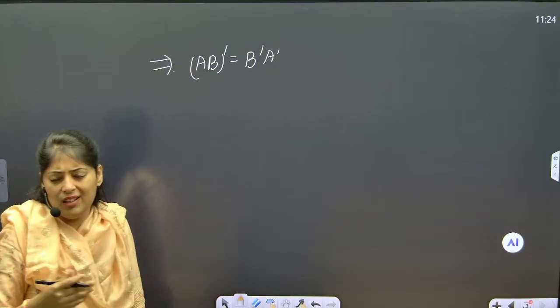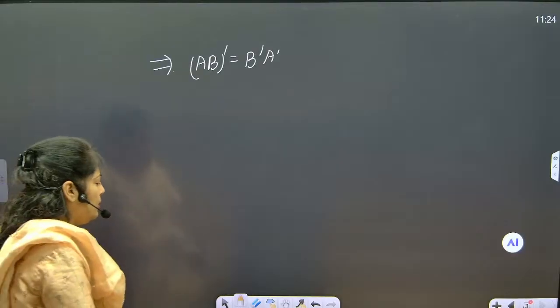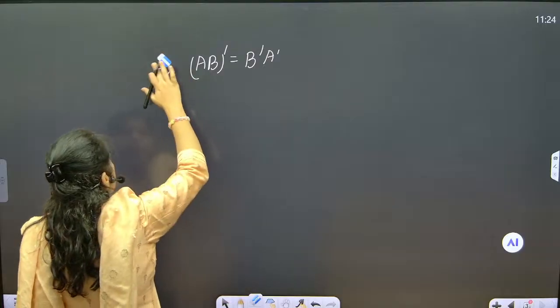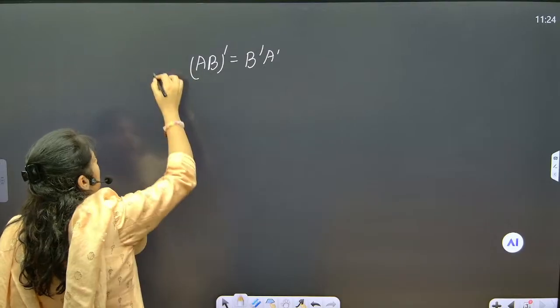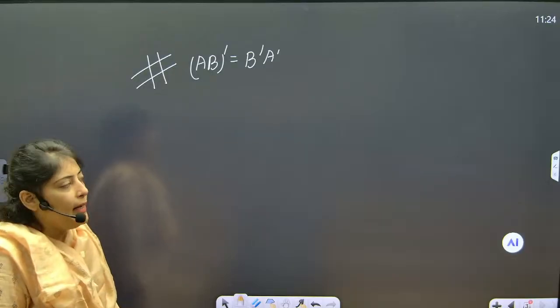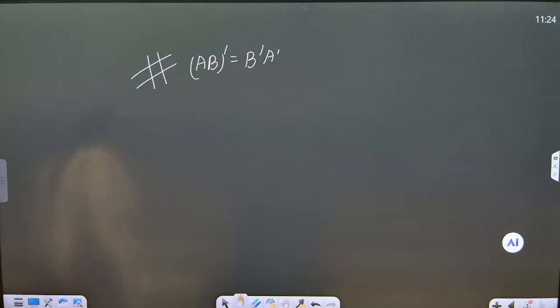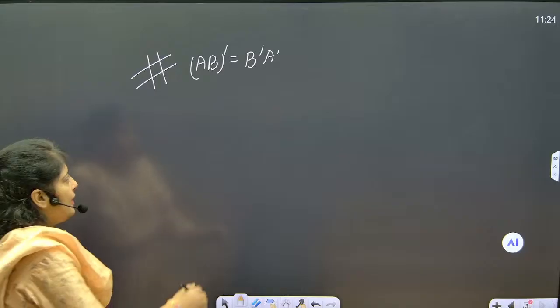This is a note you can say, or this is a result we are doing. It is required some or the other time. That's why I'm taking AB transpose is nothing but B transpose into A transpose. Suppose I'm taking any matrix.